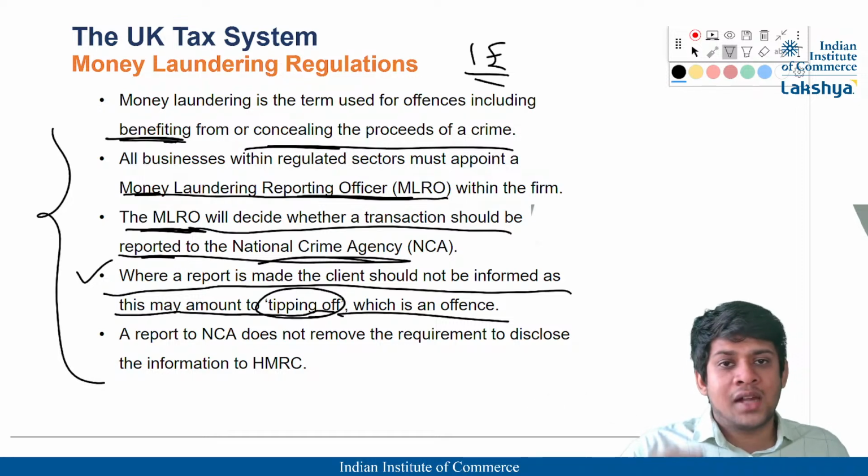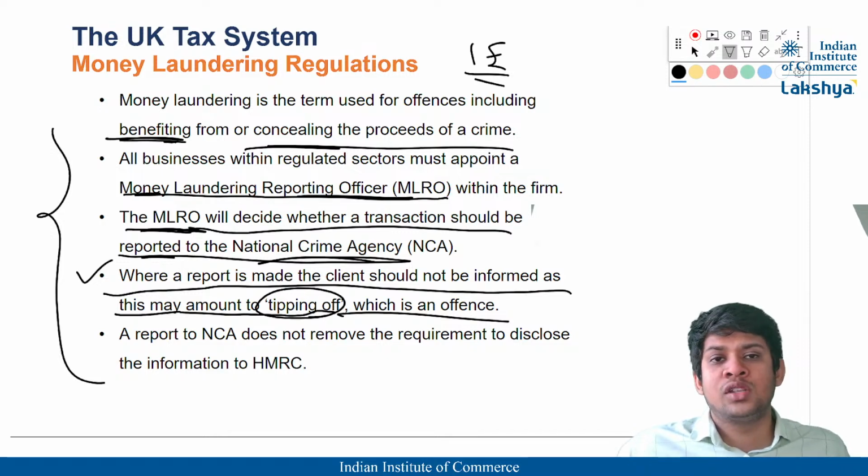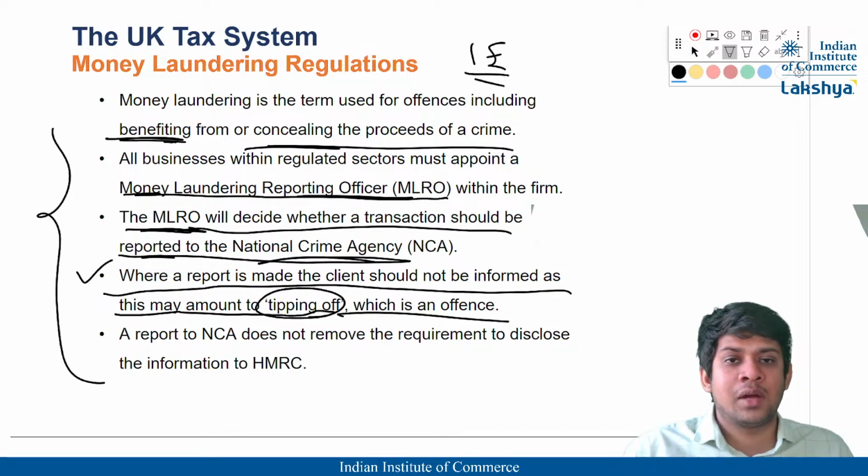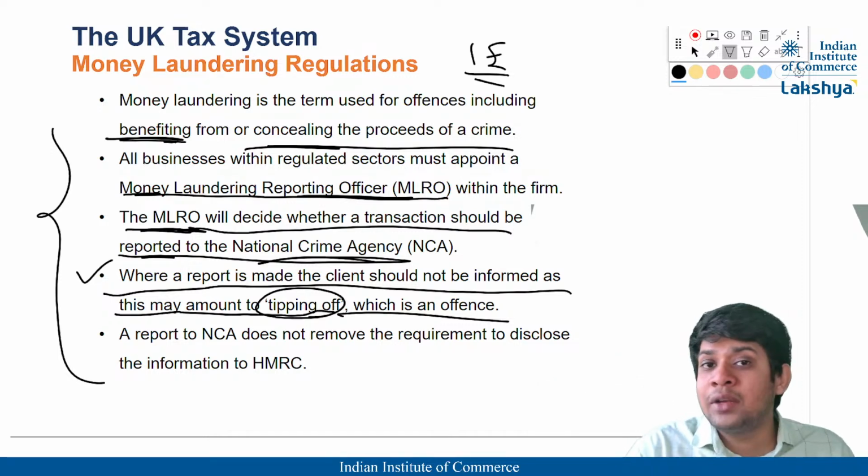Okay. So the client is actually committing a fraudulent activity. I tell him that you're doing this fraudulent activity, which is wrong. The client says I will still not make a full disclosure, so I will cease to be a tax agent for him and notify HMRC. After notifying HMRC, if I tell the client that HMRC is coming to you for checking the tax liability, that will be considered as tipping off.